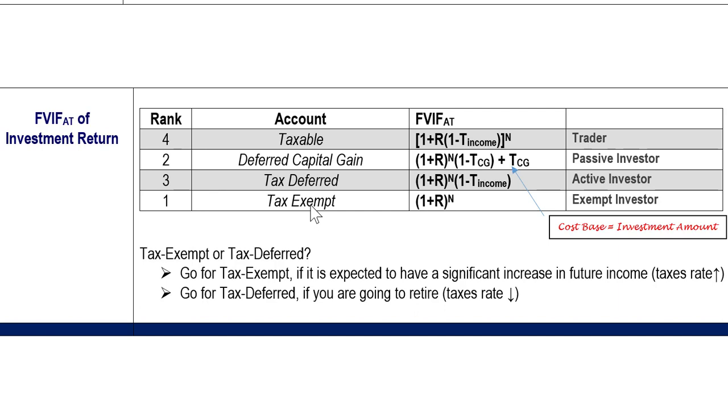Now, a tax exempt account is an account serving a special purpose. For example, putting money into a trust, a special donation, or investing in a government tax exempt security like a municipal bond, and so on.